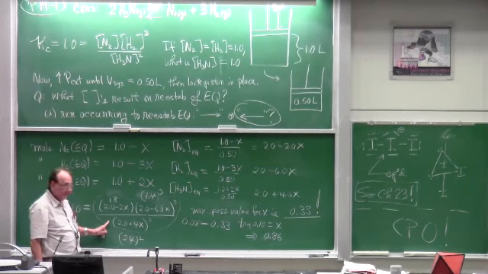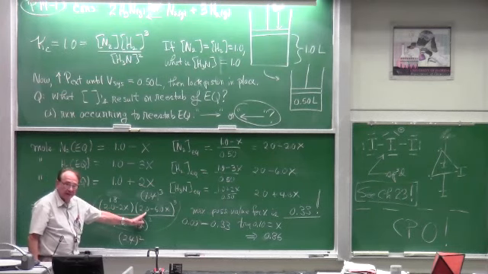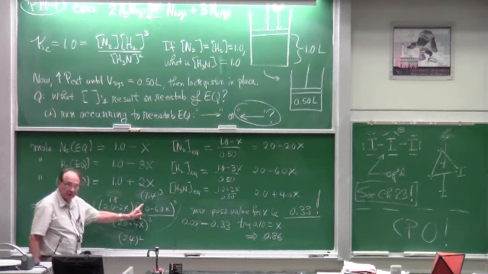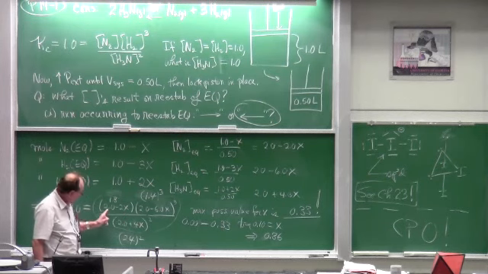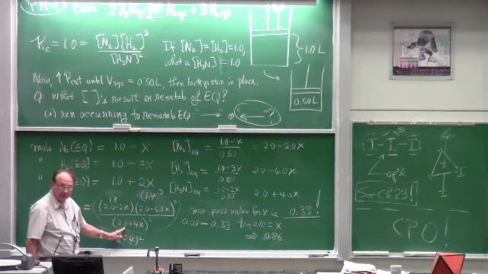As x gets bigger, what happens to the terms up top? As x gets bigger, the terms up top get smaller, because I'm subtracting a larger value from these quantities. And as x gets bigger, what happens to this term? This term gets larger.